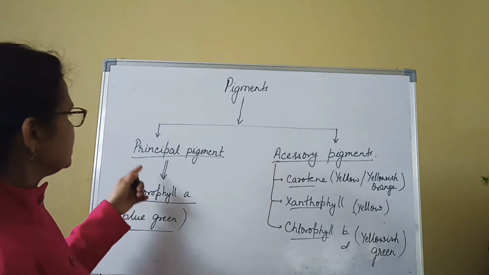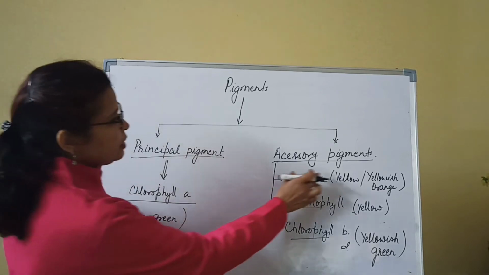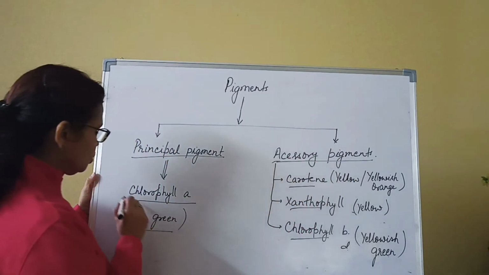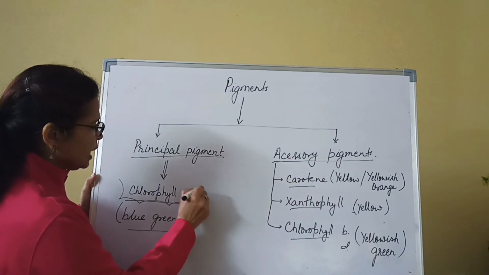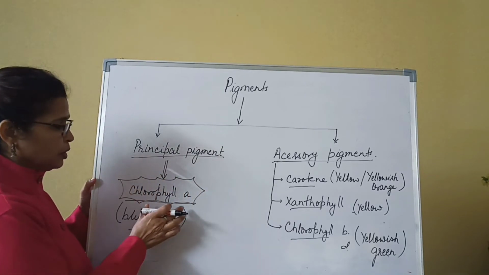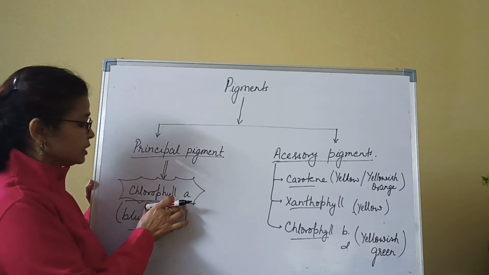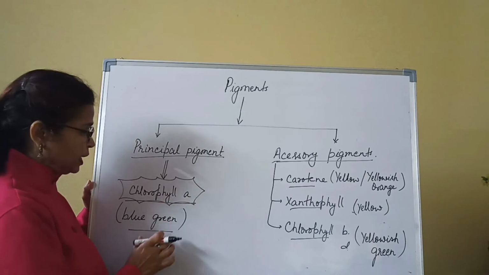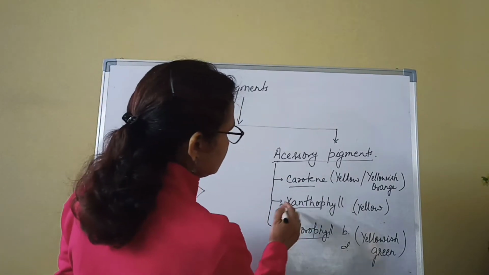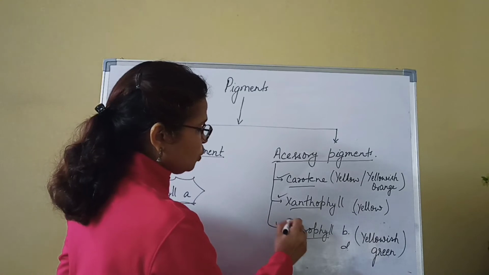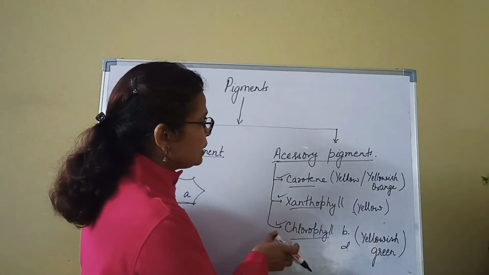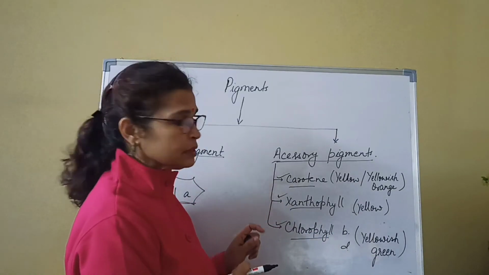One is called the principal pigment and another is the accessory pigments. Chlorophyll A is considered the principal pigment because it is present in the reaction center, which we will see later on. And carotene, xanthophyll and chlorophyll B, C, D are considered the accessory pigments.